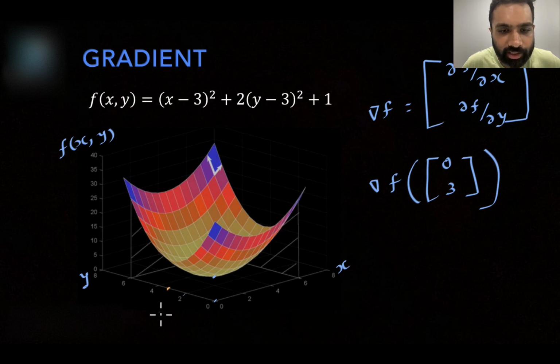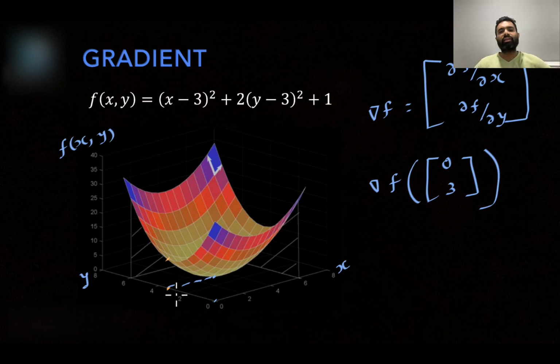So this is the point that we are interested in. This was the 3, 3 point, now this point has become this. Now if you try to see the function value at this particular point, you will notice it has this particular value. Now if you notice at this value, the change of the function in the x-axis direction is non-zero, but the change of the function in the y-axis direction is 0.